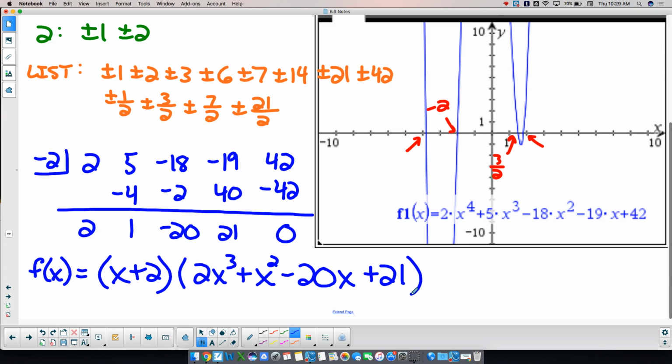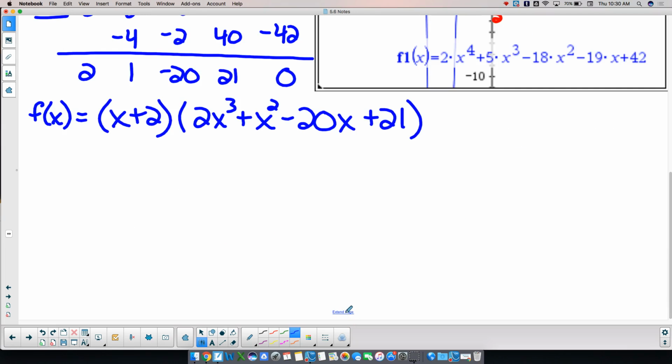I can't use the quadratic formula on that because it's not a quadratic yet. But I do know that I've got this possible 3/2 in there. So I'm going to try 3/2 as a 0 in this polynomial.